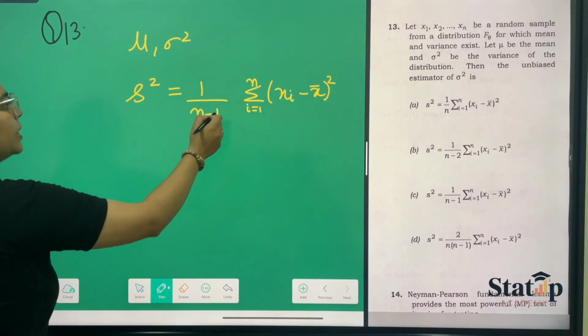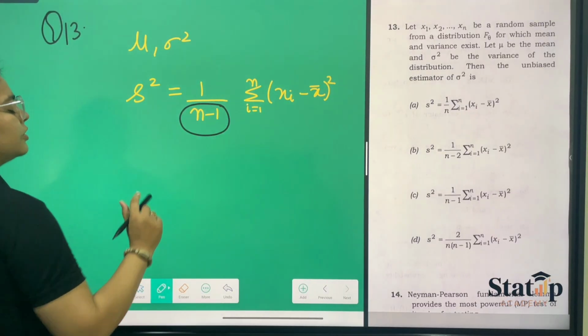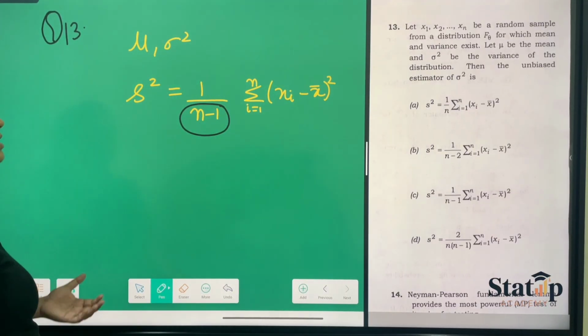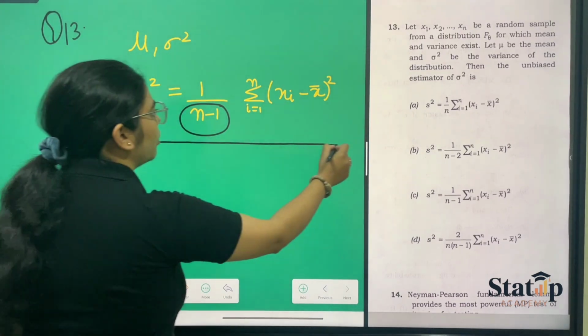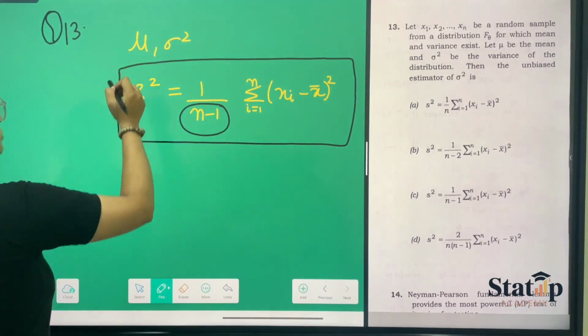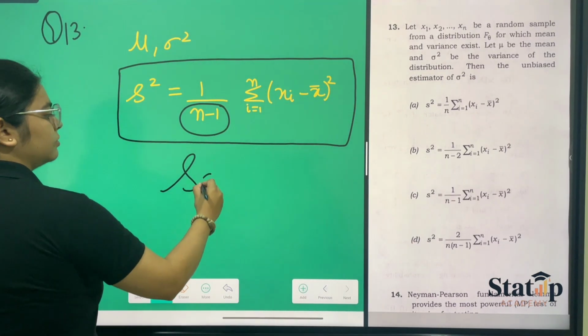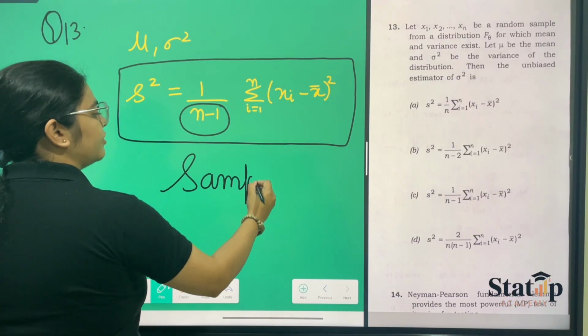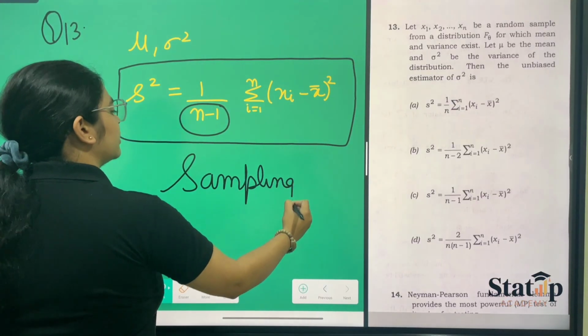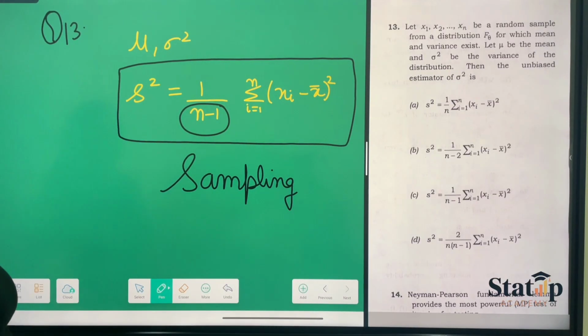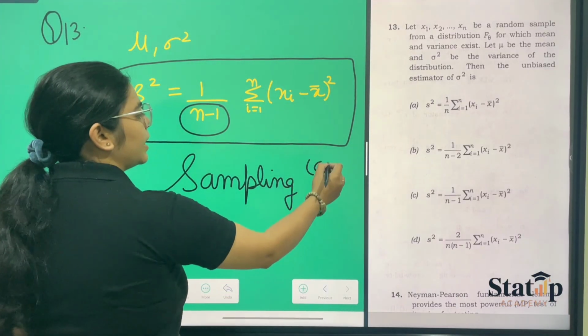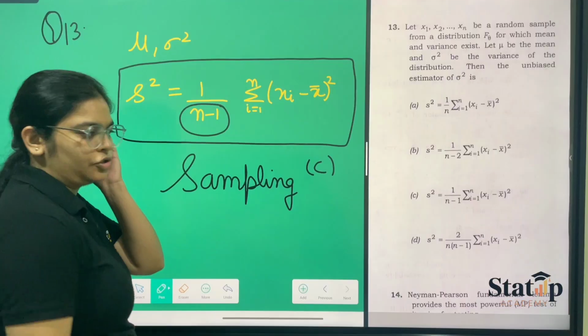The denominator should be n minus 1. This should be kept in mind, and this also has been part of your sampling. No derivation is required for this. This was just a theoretical portion. So option number C is the correct option for this question.